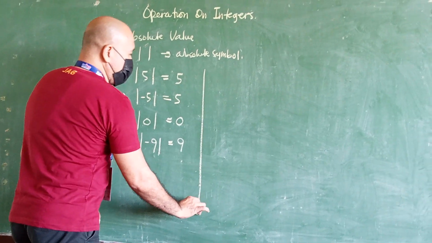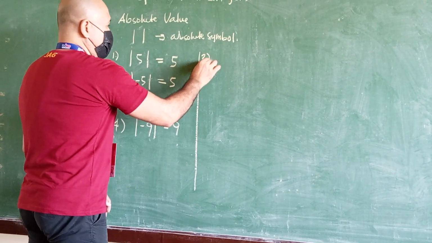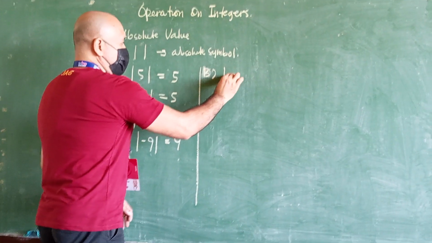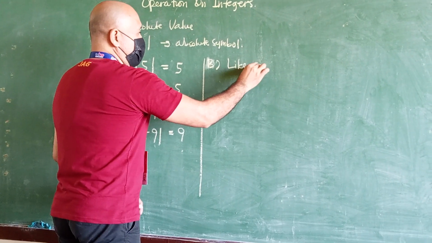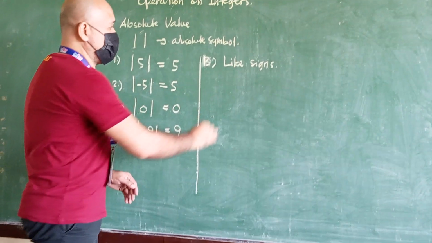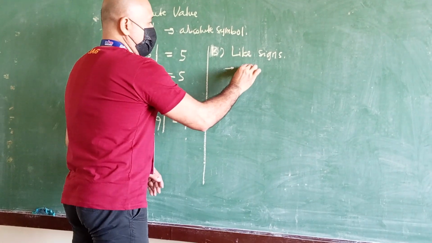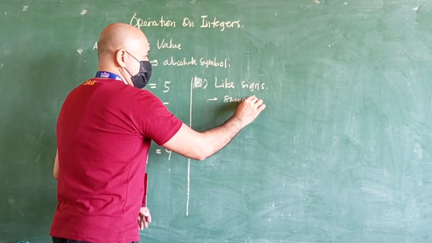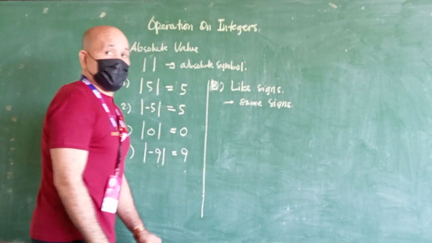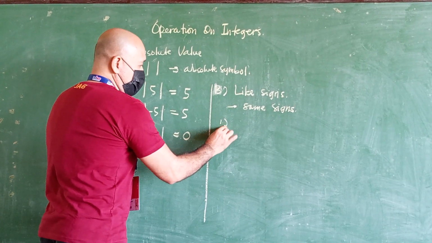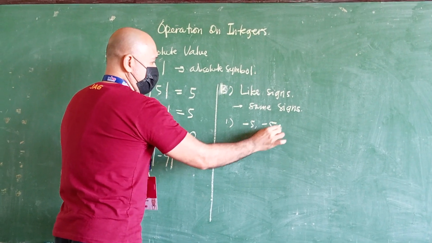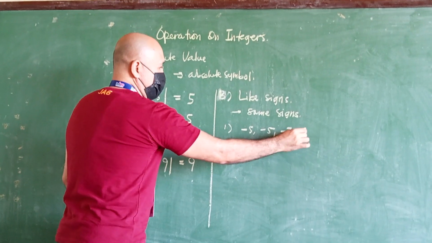Other than absolute value, you need to familiarize also with what we call like signs. These are integers with the same signs. For example, we have negative 5, negative 5, negative 3, negative 1.